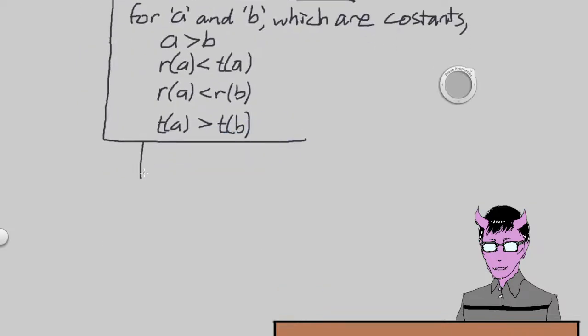Alright, so the question asks, how many solutions does the system of r of x and t of x have?